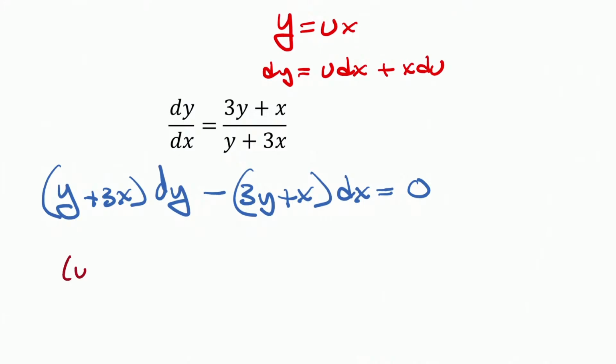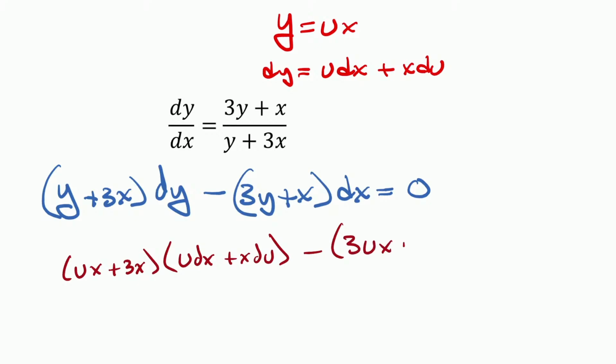So we've got ux plus 3x times dy. Oh, dy is changing as well, isn't it? u dx plus x du, 3ux minus x dx. How's that?